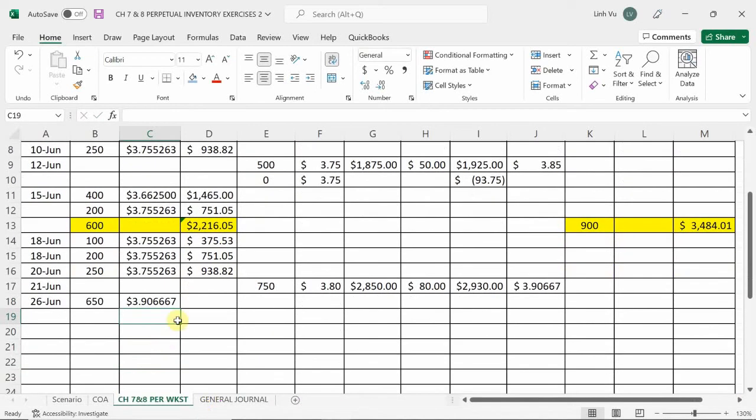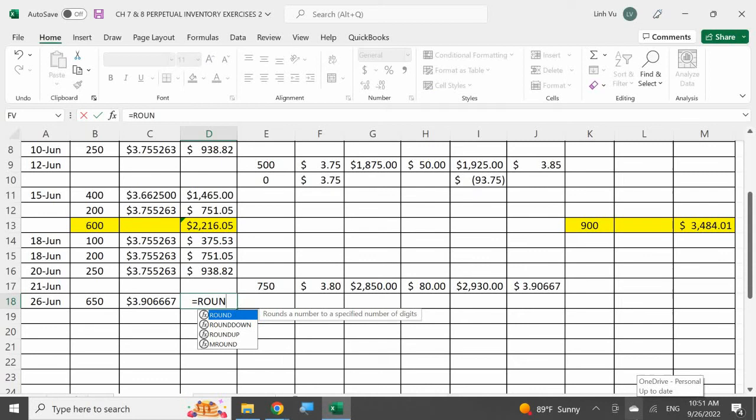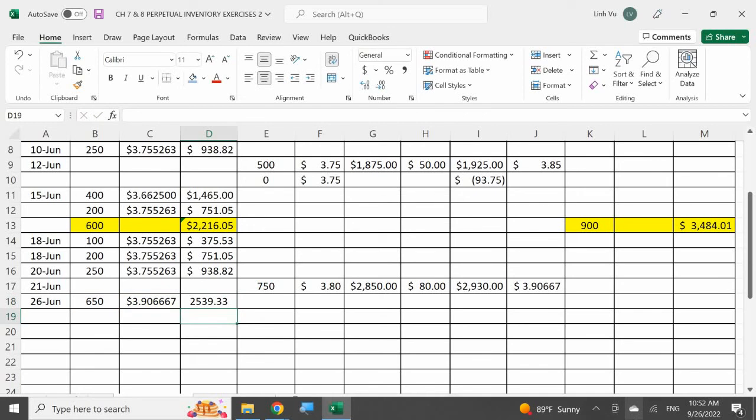So what is my cost of goods sold if I sold my 650 units at 390.66666? $2,539.33.